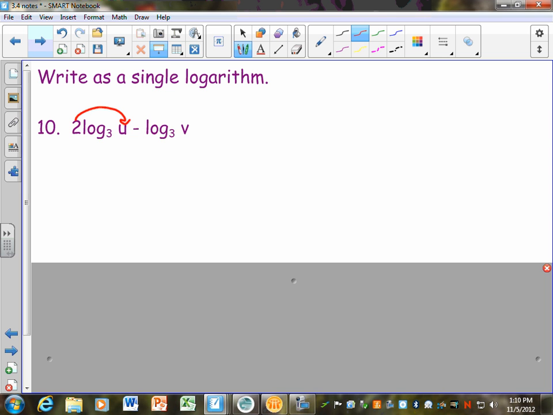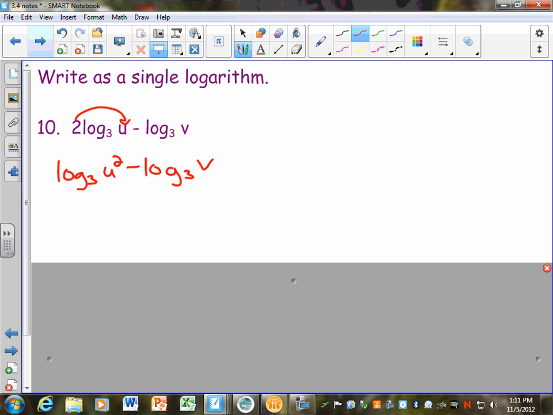We're just going backwards now. We're doing the opposite. So this is the same as log base 3 of u squared minus log base 3 of v. And after you do a few of these, you might do it all in one step, which I'm okay with. But step 1, I'm going to put the exponent back up. And then I can do what with subtraction? Division. And here's the big thing. When you write as a single logarithm, you should only be writing log 1 time.